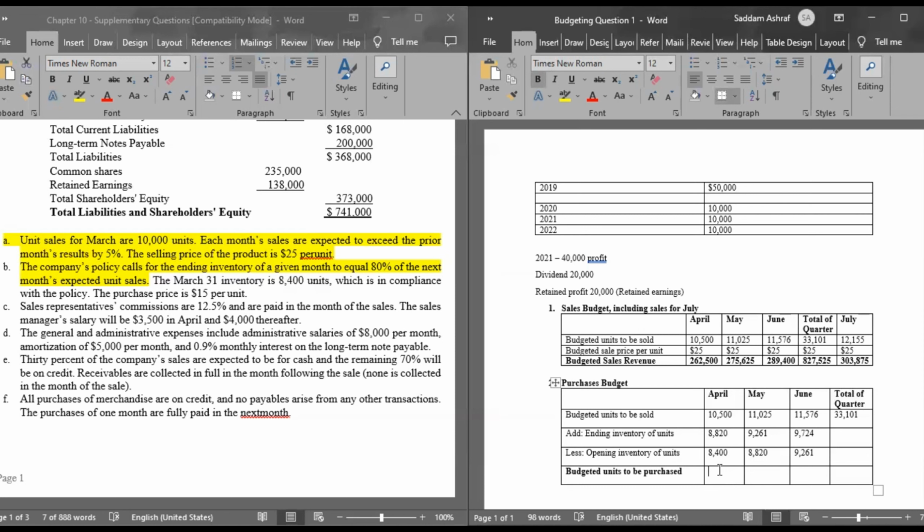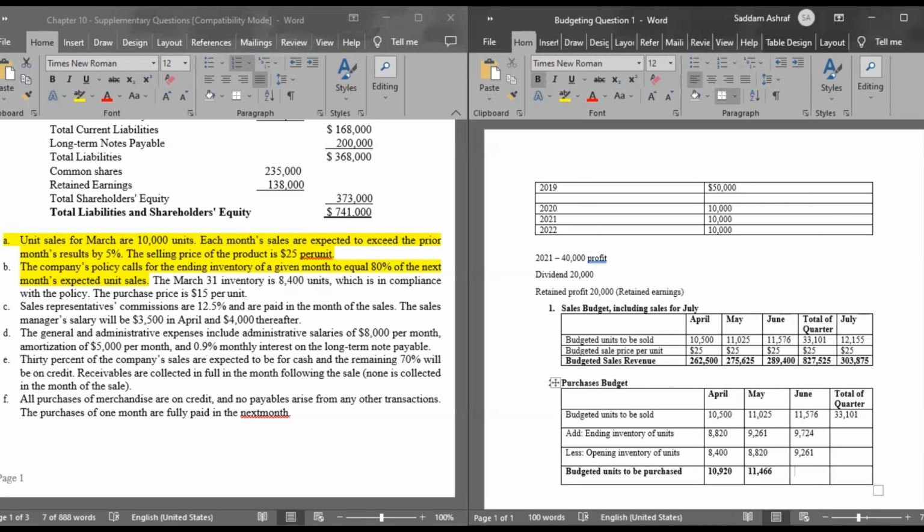So add 10,500 to 8,820 and then subtract 8,400. That gives 10,920 for April. Next, May: 11,466.